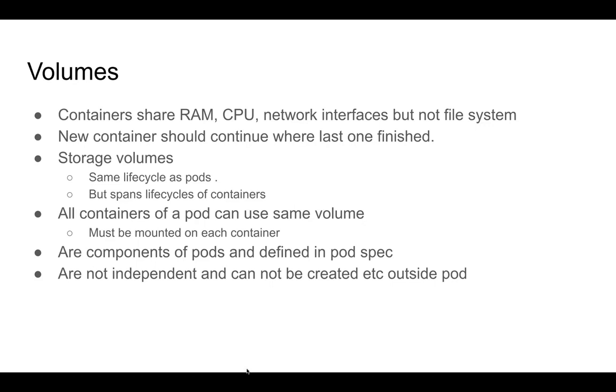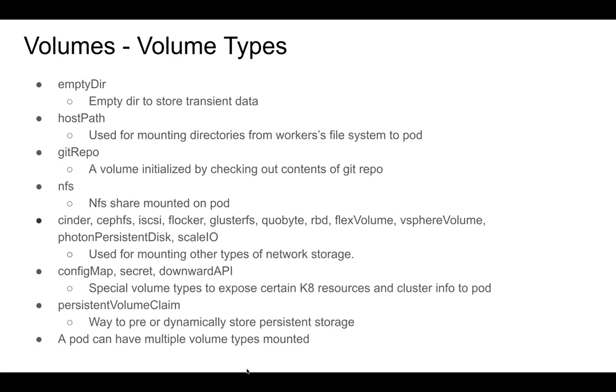When you have such use cases, use storage volumes. And as I said, all containers of a pod will use the same storage volume. These are components of a pod, defined in the pod spec, and they are not independent and cannot be created outside the pod.